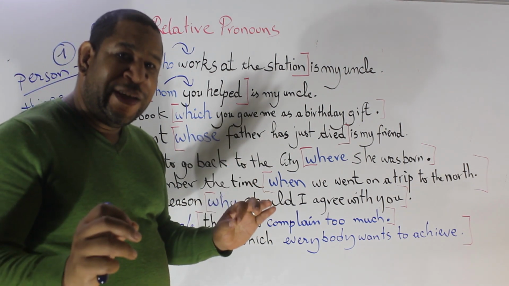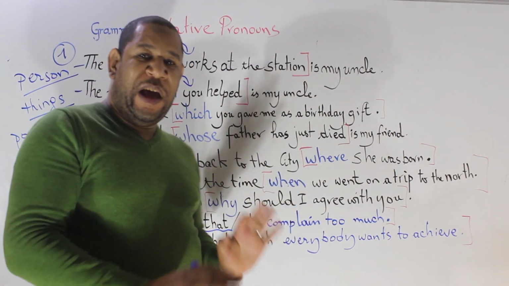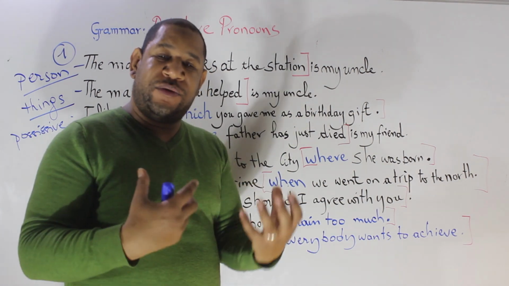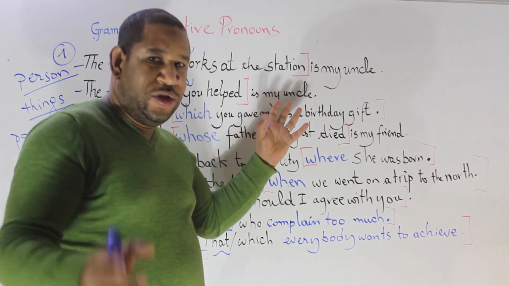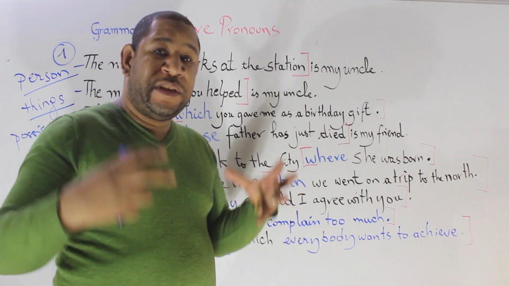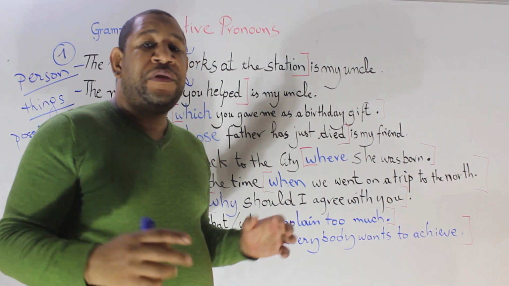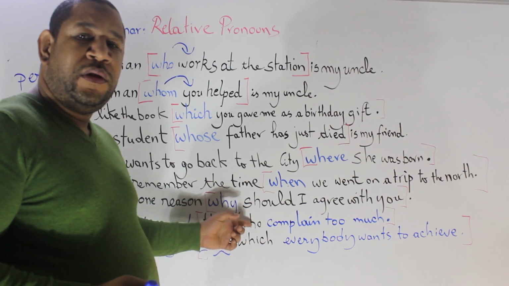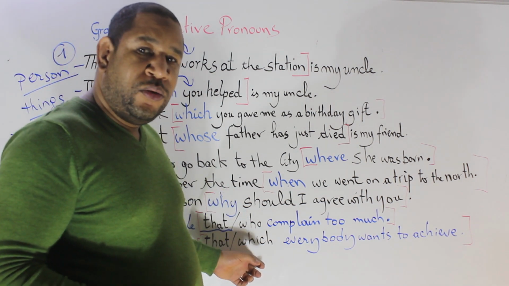If the clause is very important, like all the clauses we have here, which means it is essential, we call it defining or restrictive. I didn't go into details like that because we have here just relative pronouns. But if it is important, we can use that. If it's not important, we just use which or who. If we have a person, we use who, and if we have a thing, we use which.